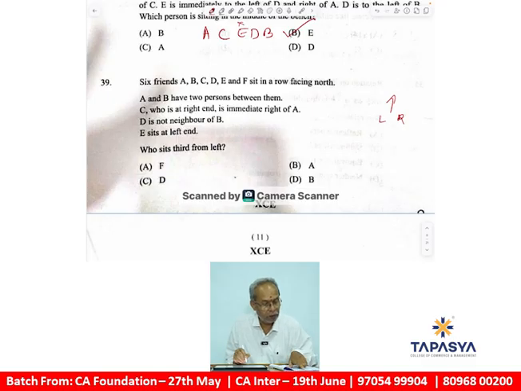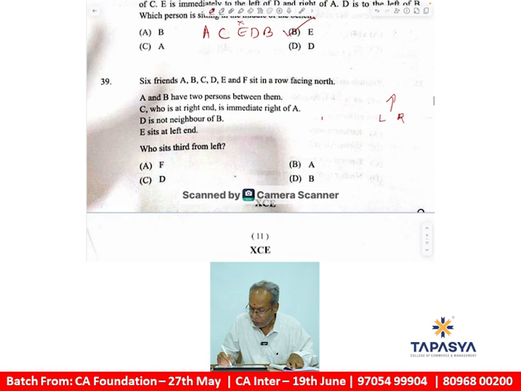Again, if you see these conditions, A and B have two persons between them. So A and B, two persons means either this form or you can take B and A. Between means here it can be A and B or B and A. Right, so now I will take B is here, A is here.